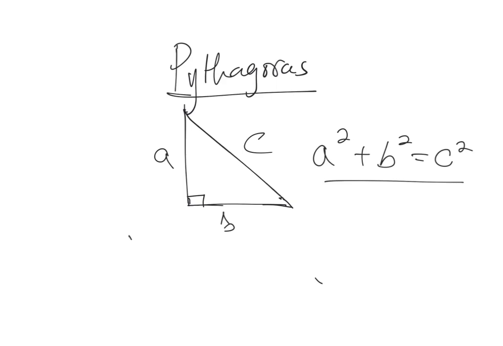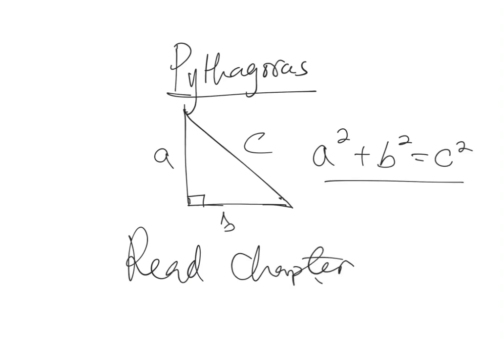Again, I recommend that you read the chapter and then you can start the practice problems after you read and highlight the formulas you need. So if you have any questions, let me know. Otherwise, I'll provide you more examples later on for these types of problems.